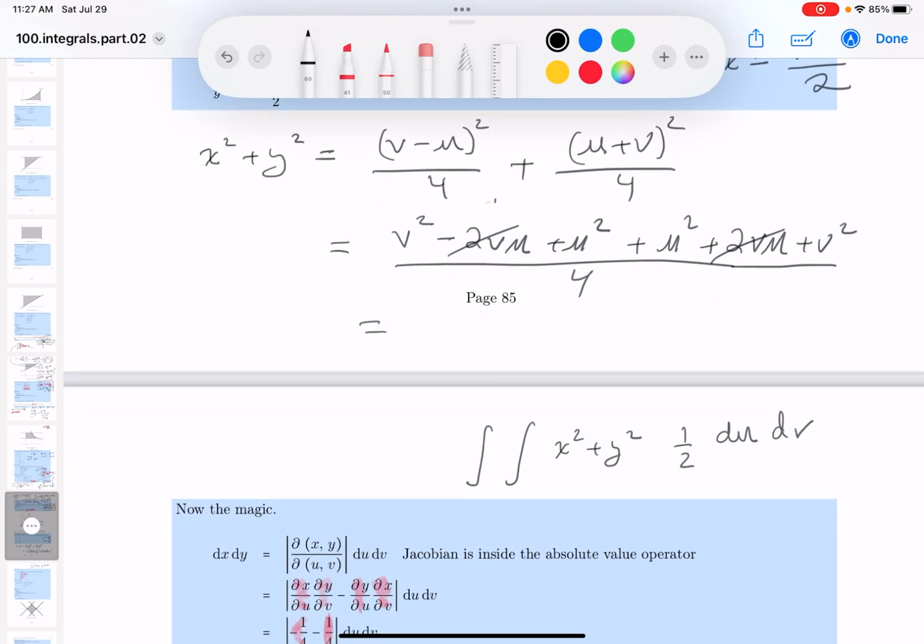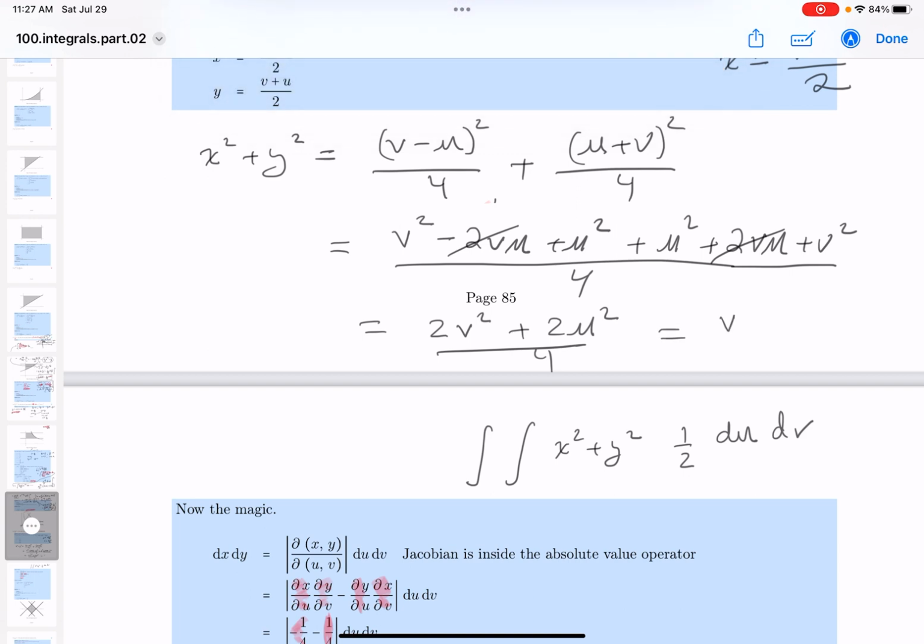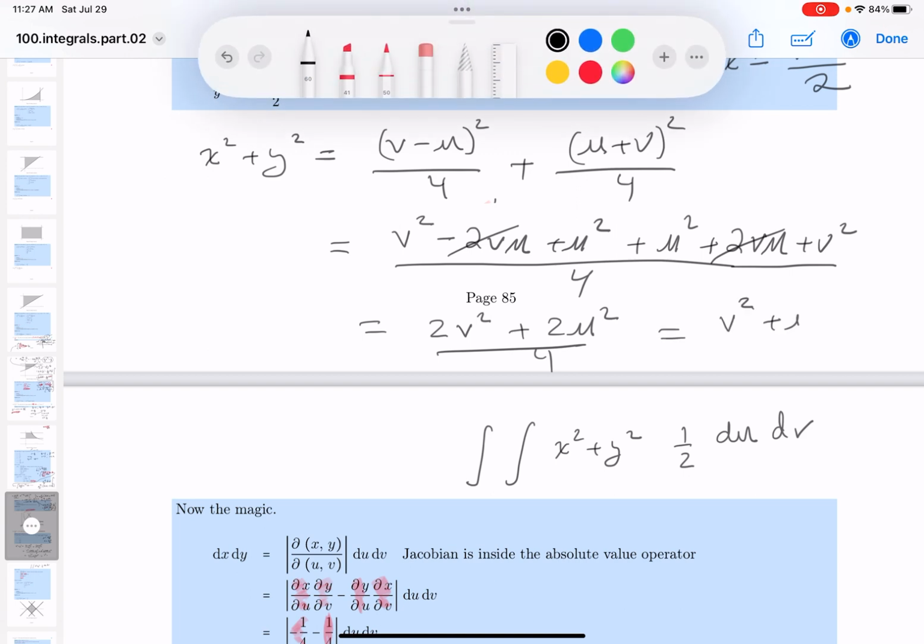And what do you get? 2v squared plus 2u squared over 4, which is simply going to be v squared plus u squared over 2. Let's get the eraser out, and let's put that down. So what do you get? V squared plus u squared over 2.